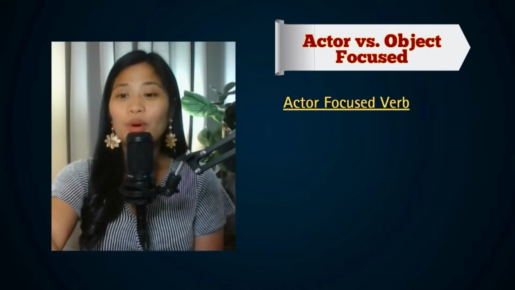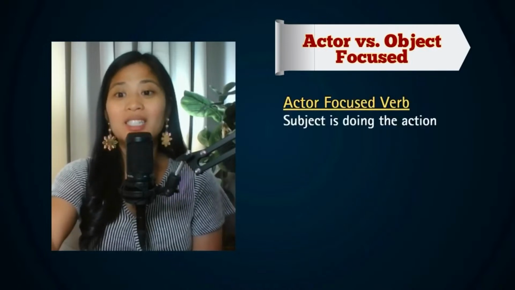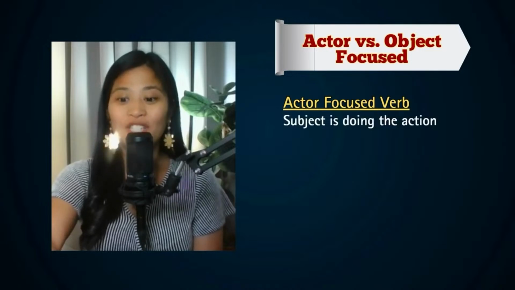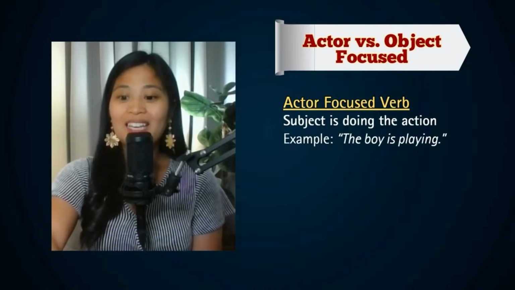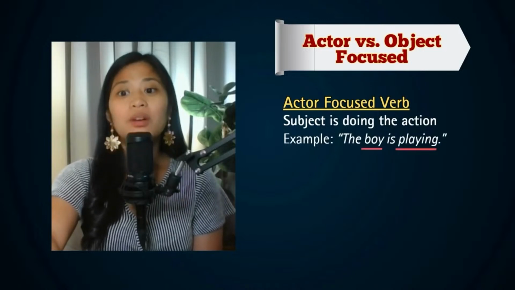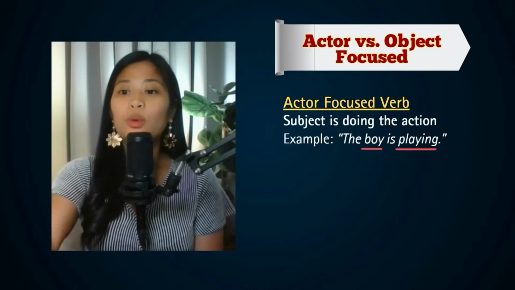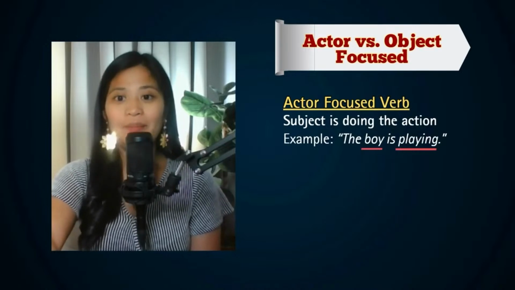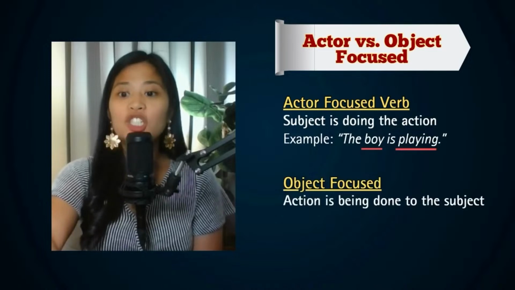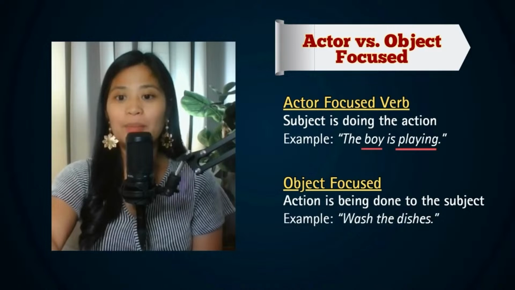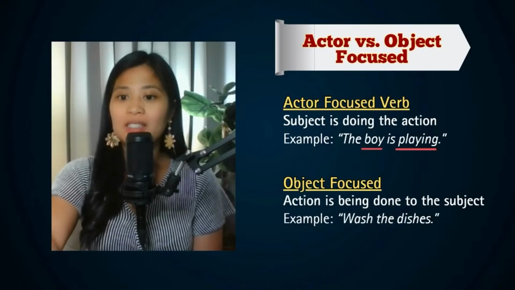An actor-focused verb means that the subject is doing the action. For example, the boy is playing. Here, the subject is the boy and he is doing the action. He is playing. Whereas in an object-focused verb, the action is being done to the subject. For example, wash the dishes.